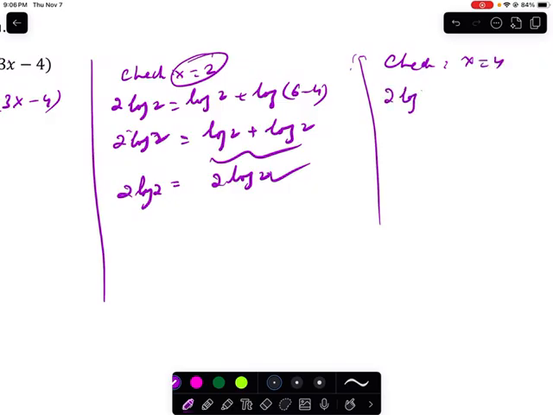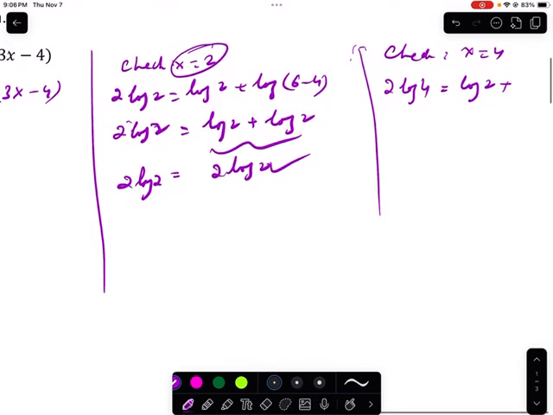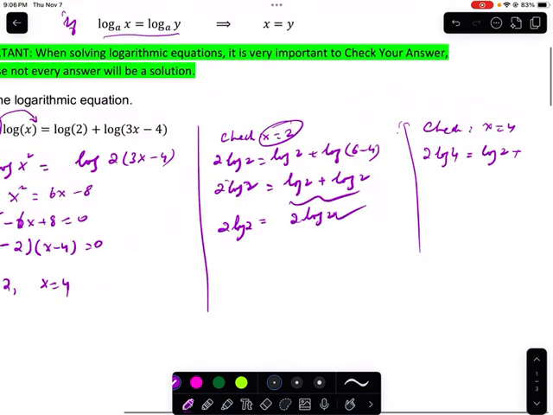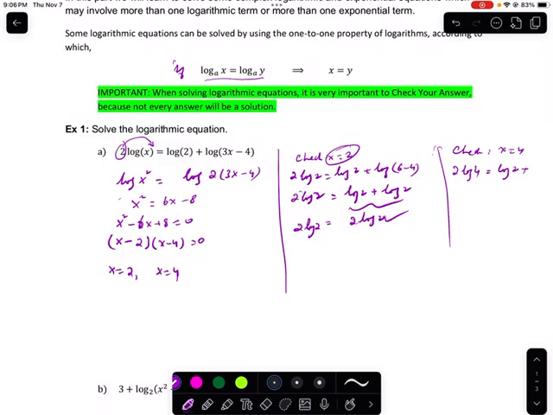So 2 log 4 equals log of 2 plus, so what is on the right last term? Log of 3x minus 4.